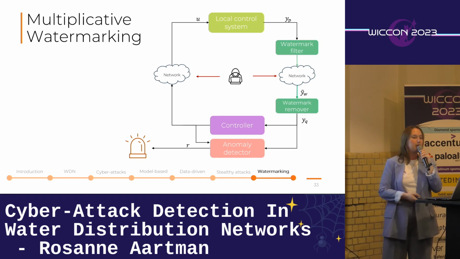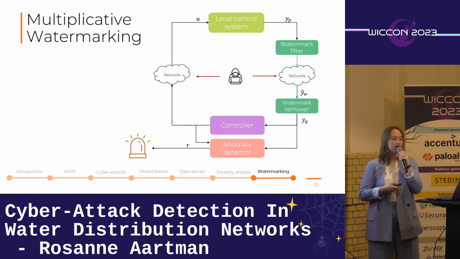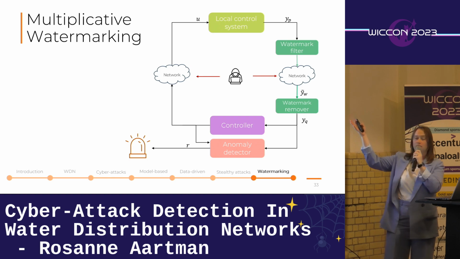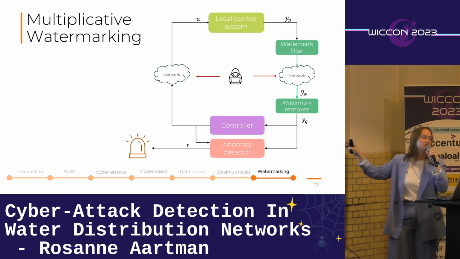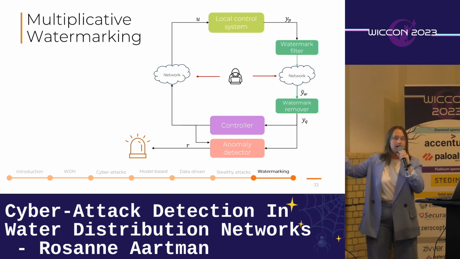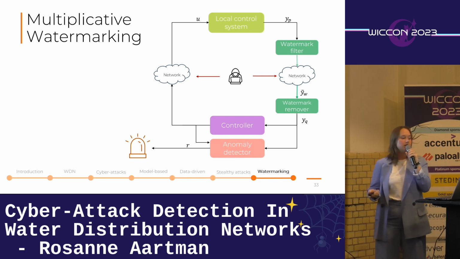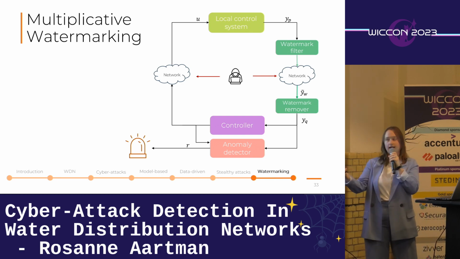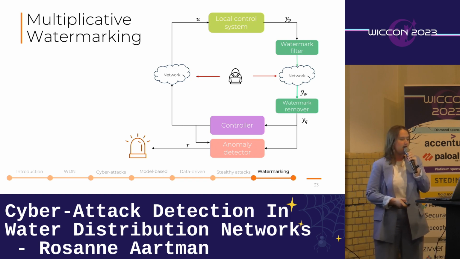So therefore, we can also use multiplicative watermarking by imposing a filter on the sensor values before sending it over the network. And then on the controller side, we use the inverse of our filter and have it fed to the anomaly detector. And research has shown that this can lead to anomaly detection.